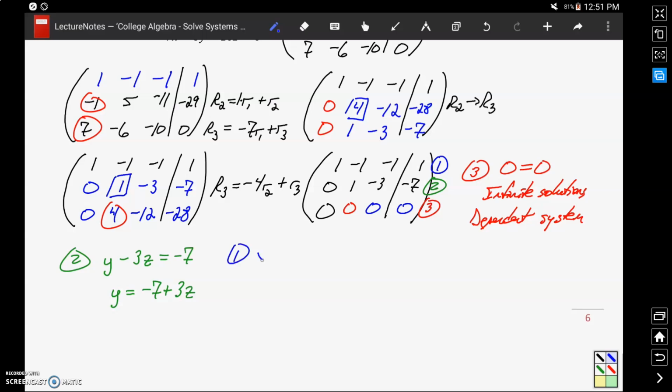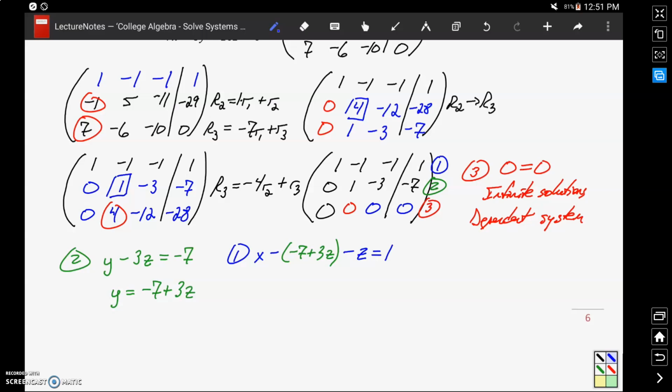Looking at equation 1, we have x minus y, which is negative 7 plus 3z, minus z is equal to 1.